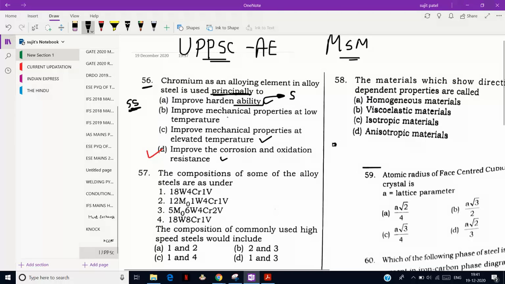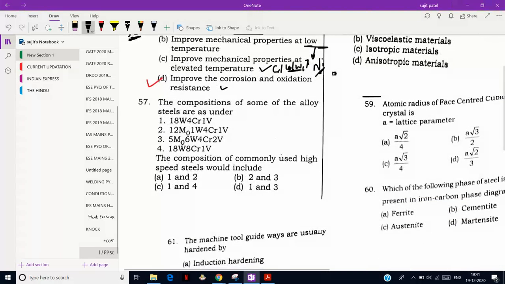To improve the mechanical properties at low temperature, we have to add nickel. This is for your knowledge. And to improve properties at elevated temperature, we can add chromium, or cobalt, or tungsten, or titanium. So the main principle used is to improve the corrosion resistance.